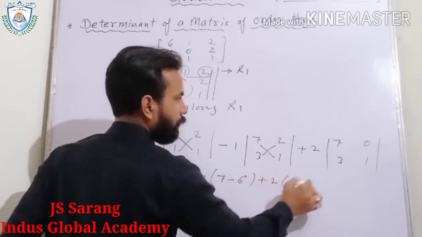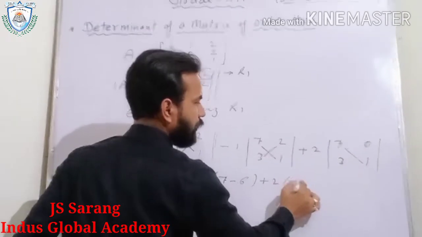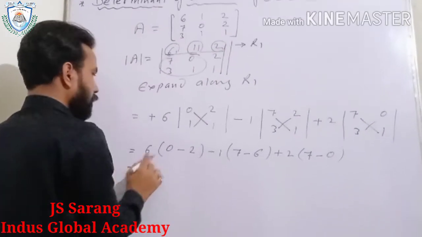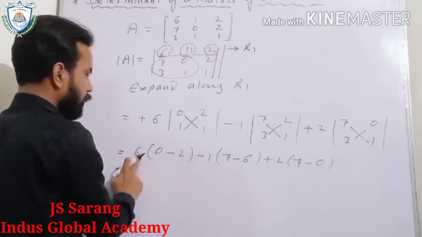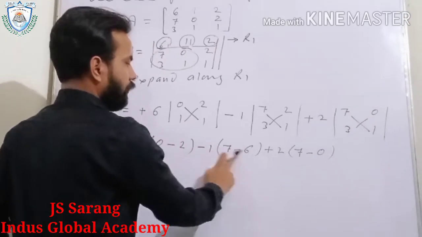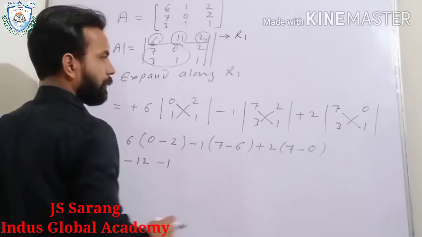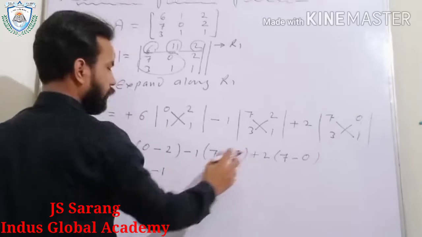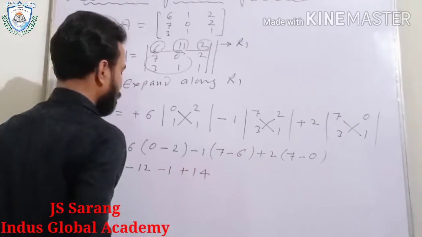Plus 2. We will simplify this. 7 ones are 7. Minus 3 zeros are 0. Now solve this. 0 minus 2 is minus 2. Minus 2 into 6 is minus 12. 7 minus 6 is 1. 1 into minus 1, minus 1. 7 minus 0 is 7, into plus 2, that is plus 14.